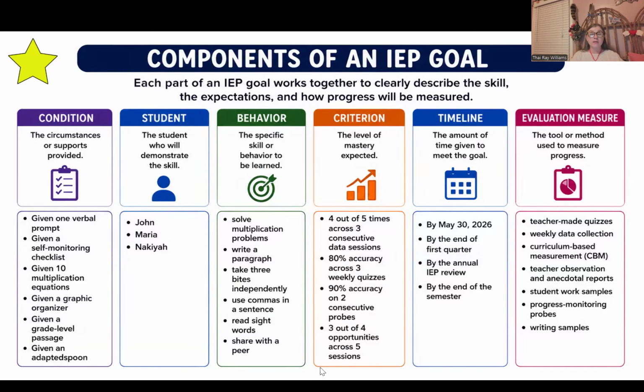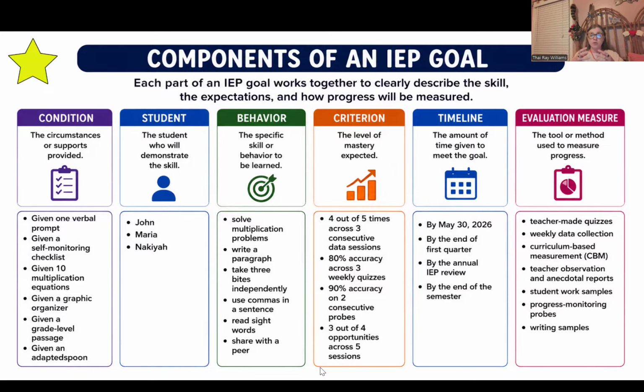All right, we had also talked about previously the components of an IEP goal. I'm going to go over those just very quickly because remember, starting today, we are addressing each one of these components individually, starting with the condition. When we're writing an IEP goal, there are numerous parts. There are 6 different parts to an IEP goal.